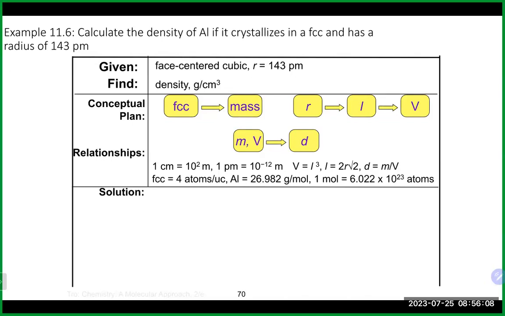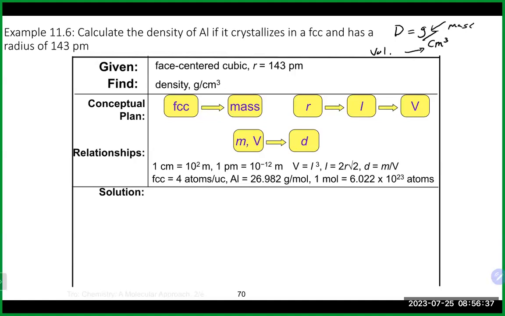So if we wanted to calculate the density of aluminum as it crystallizes in a face-centered cubic cell, it has a radius of 143 picometers. So ultimately what we are looking for is the density in grams per cubic centimeter. So we're really looking for these 2 things. And this is going to be a volume measurement. And obviously that is going to be a mass measurement.